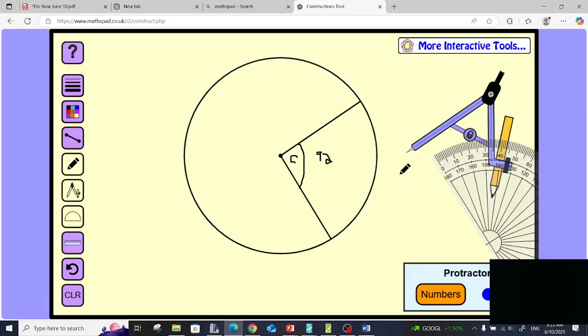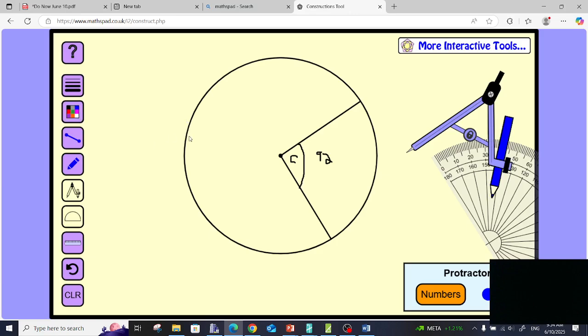Now we're going to draw an inscribed angle. So an inscribed angle is when we have a point on the circle. So I'm going to just put a point somewhere on the circle. I'm going to change the color so I can actually see it.